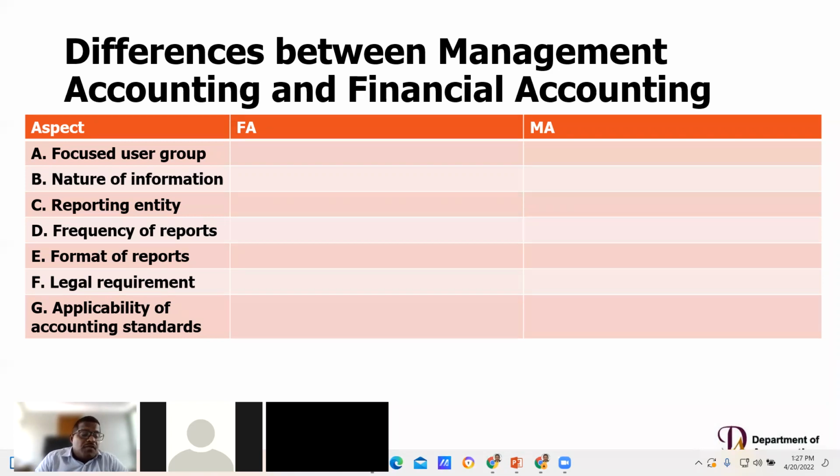Just to differentiate between these two, we have used these seven aspects. Just think about the focus and user group. If you want, you can use an Excel sheet and put that into my chat box. Otherwise, I will give two or three minutes. Just think about it.